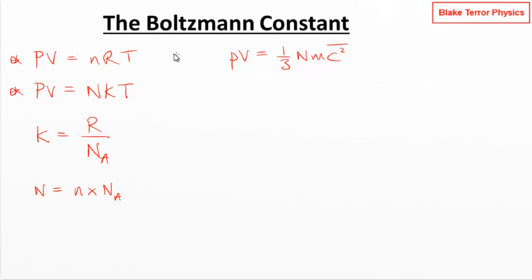So we've now got these three equations, which on the left hand side have all got pressure multiplied by volume. So we can combine these two here and say we've got nRT is equal to 1/3 of N m times the average of the velocity squared.